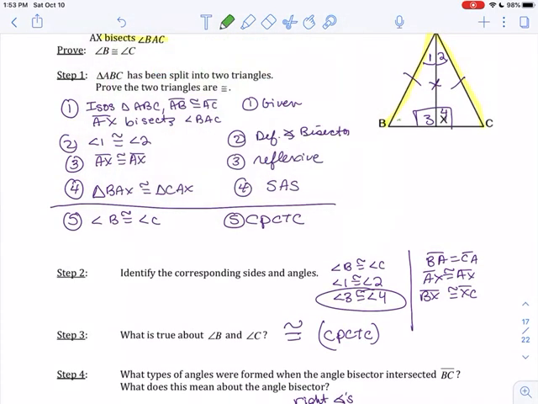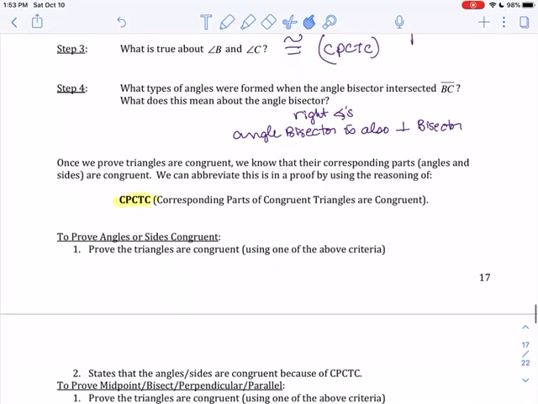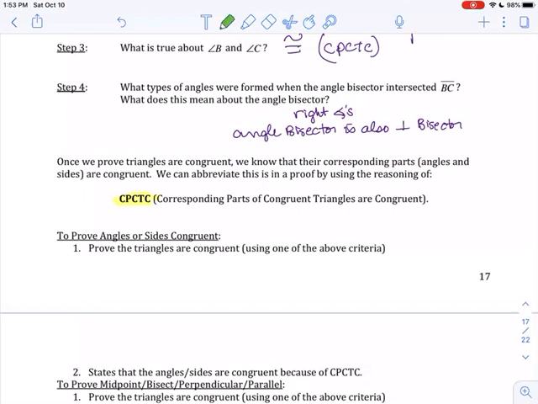And at the same time, I just proved that these base angles here, angle B and angle C, are equal to each other. So once the sides of a triangle are congruent, then those base angles are congruent to each other.